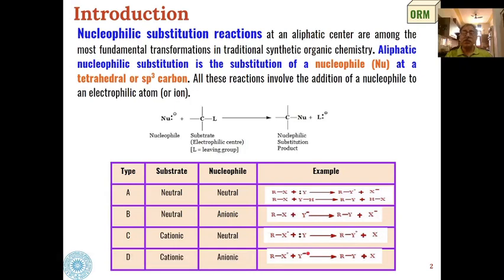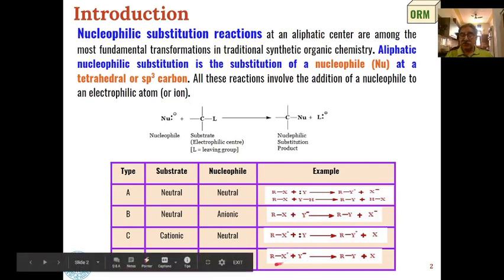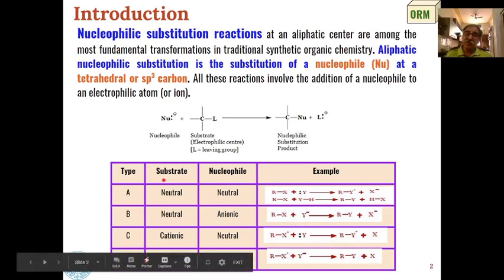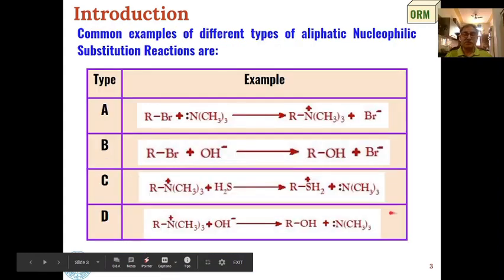Then the fourth category is where the substrate is cationic and the nucleophile is anionic. So we will get neutral products from this type of reaction. So depending upon the type of substrate and nucleophile, we will have different types of nucleophilic substitution reactions.